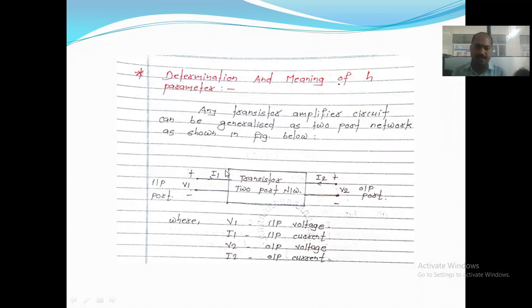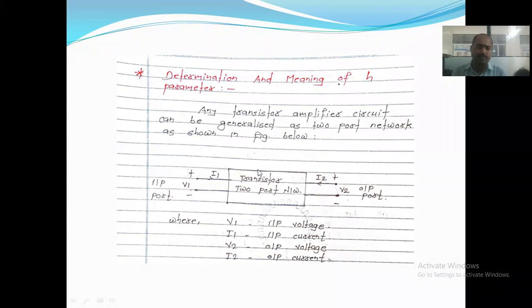See, here V1 is the input applied to the transistor 2-port network, right? A 2-port network indicates 2 input and 2 output. When we apply the input voltage V1, whatever current flows through the device is the I1 current. Due to the V1 voltage and I1 current flowing through the transistor as a 2-port network, the output current is I2 and the output voltage becomes V2, right?